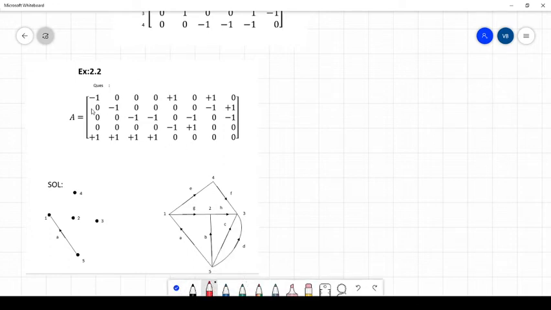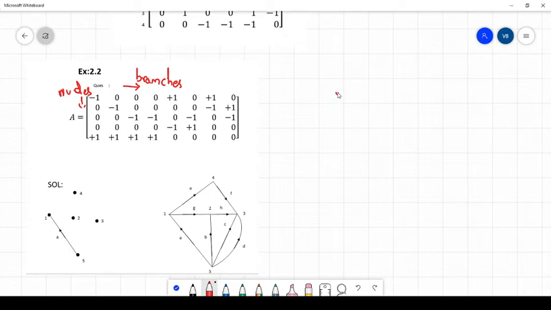So now we will see. What are the rows? Rows indicate nodes, and the columns are the branches. In order to draw a graph for a particular incidence matrix, first you need to place the nodes. How many nodes are there? 1, 2, 3, 4, 5. So 5 nodes are there.